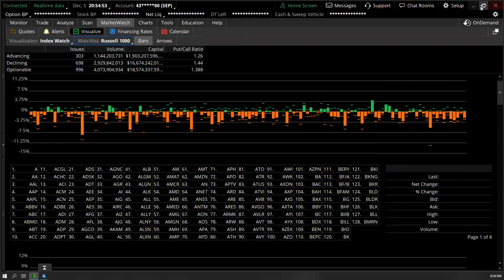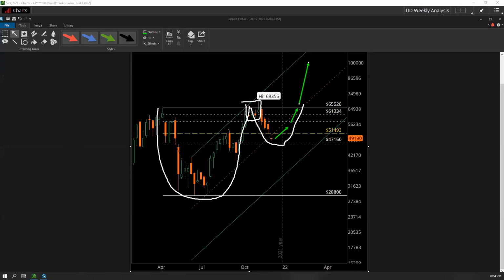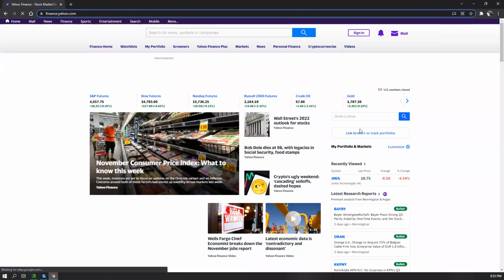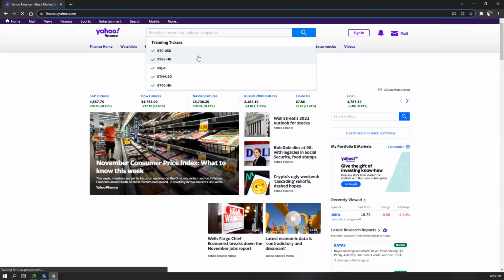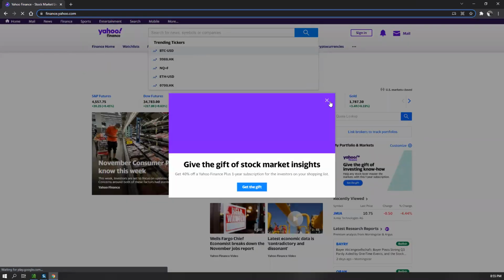But again, the simple way for you to do it, or how I would go about it, is I will go to a website, finance.yahoo.com, and then search for that ETF, IWM, or whatever you want to use.